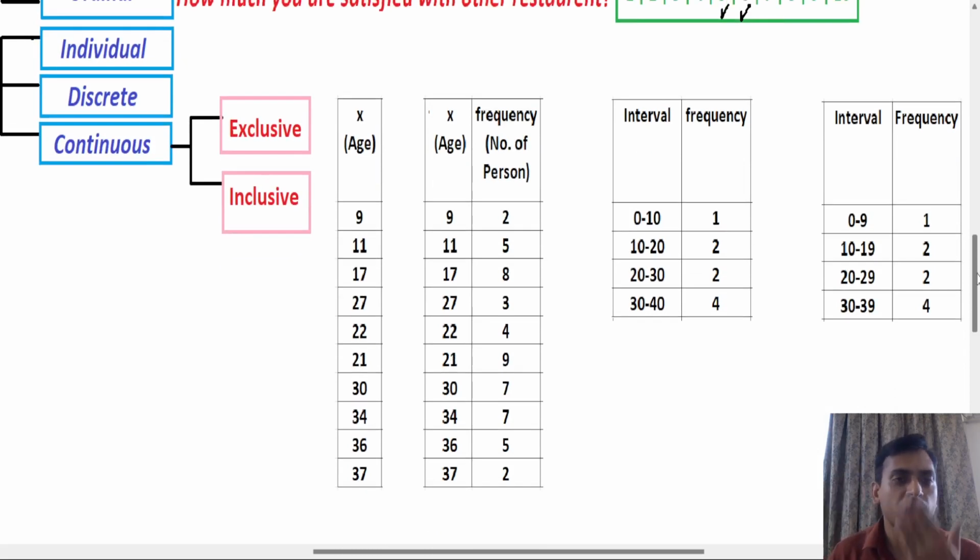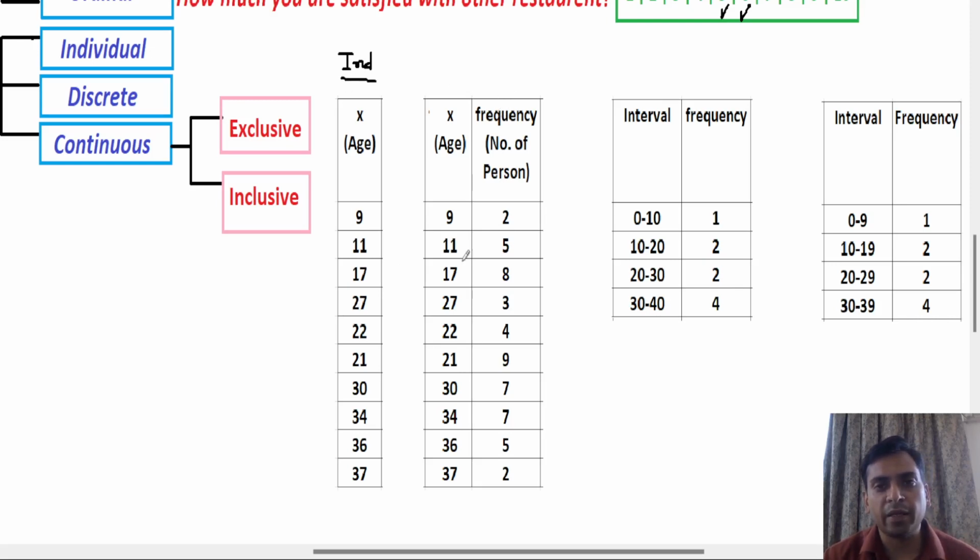If all respondents have different ages, with no repetition of ages, this is considered individual data. For example, ages 9, 11, 17, 27, 22, each appearing only once. So this is considered individual data.